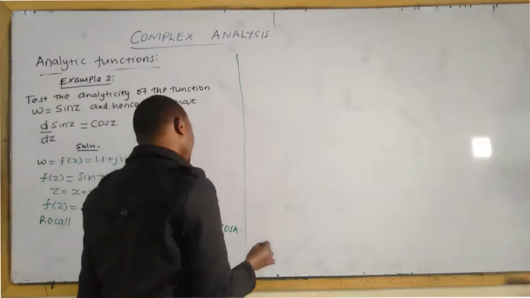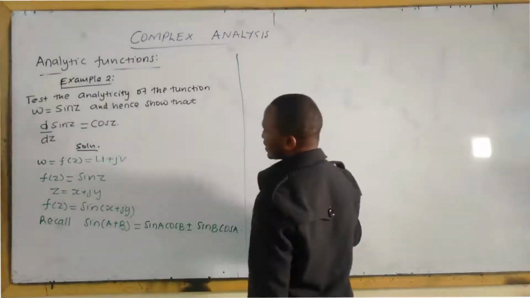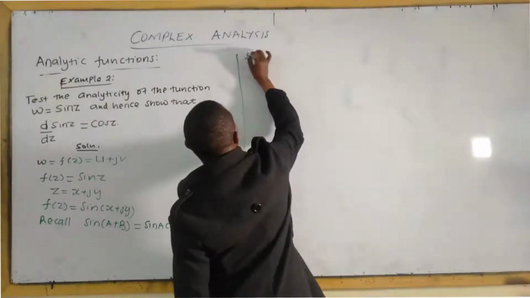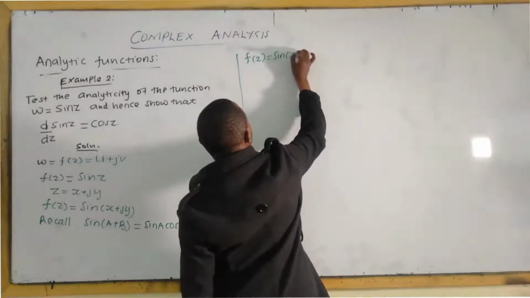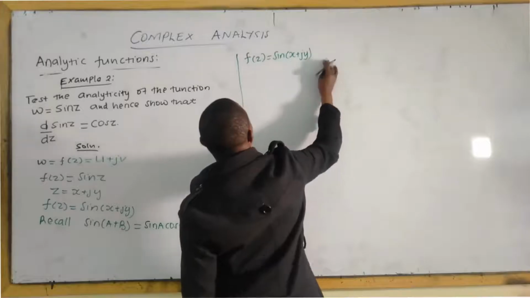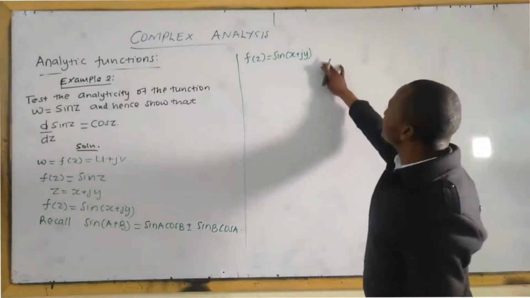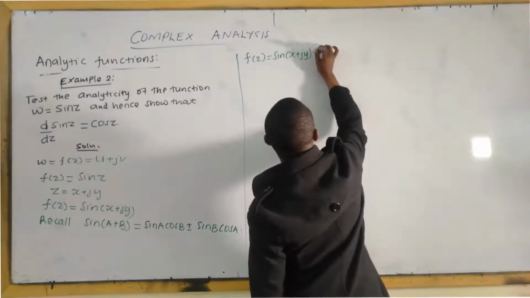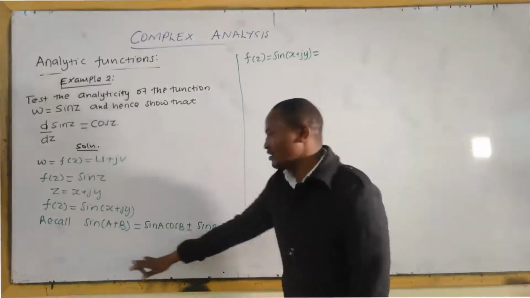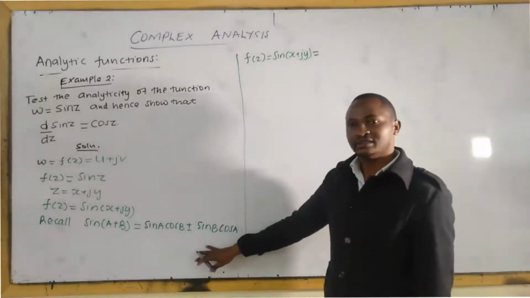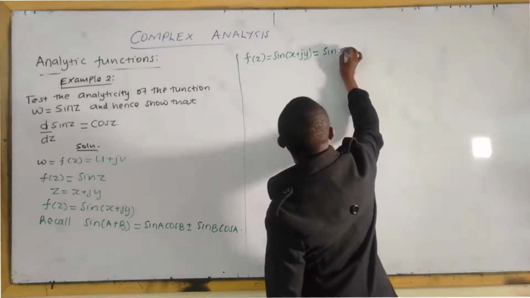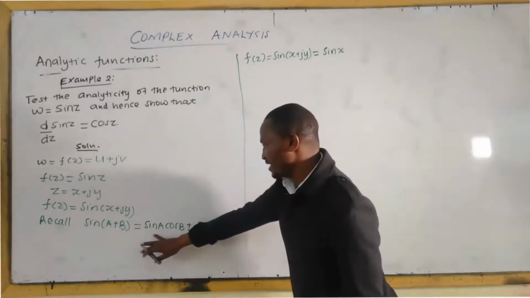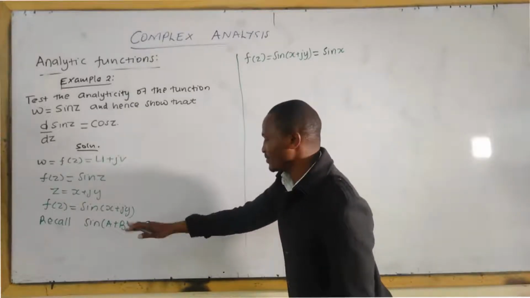Therefore, you can say our function z, which is equal to sine of x plus jy, is equal to, using this trigonometric identity, sin x. We can start with sine or cosine, whichever.